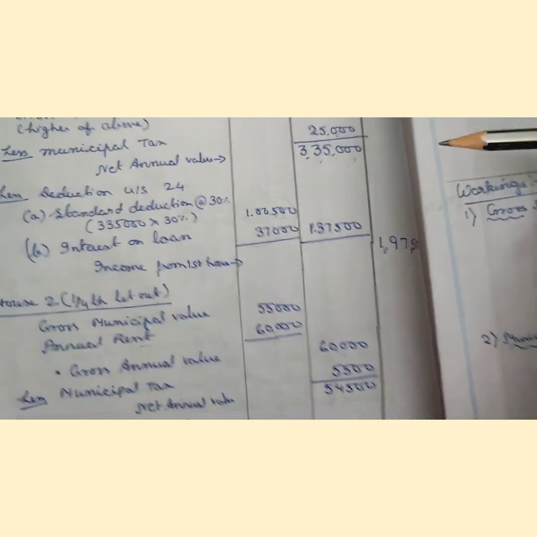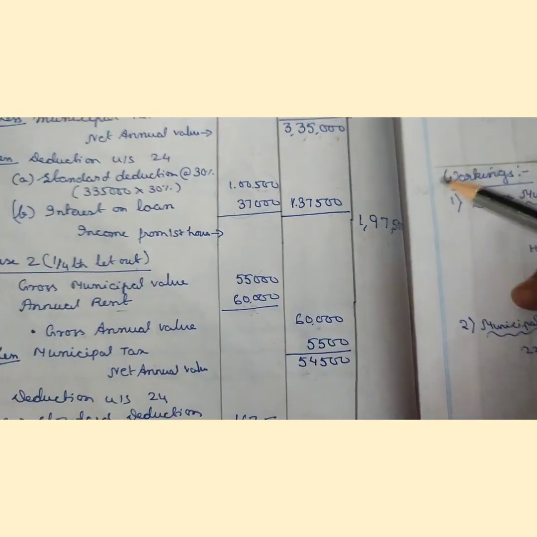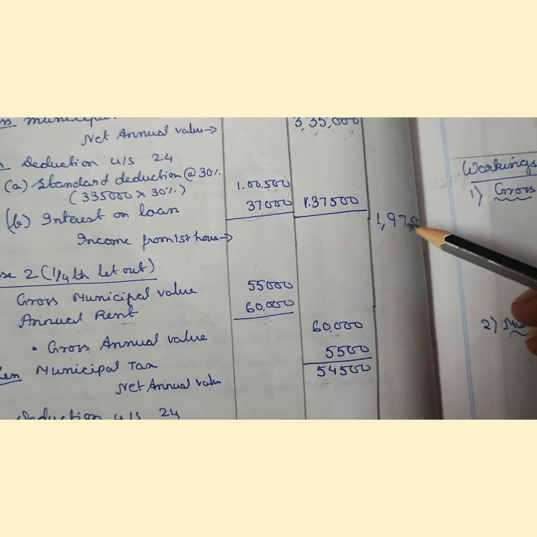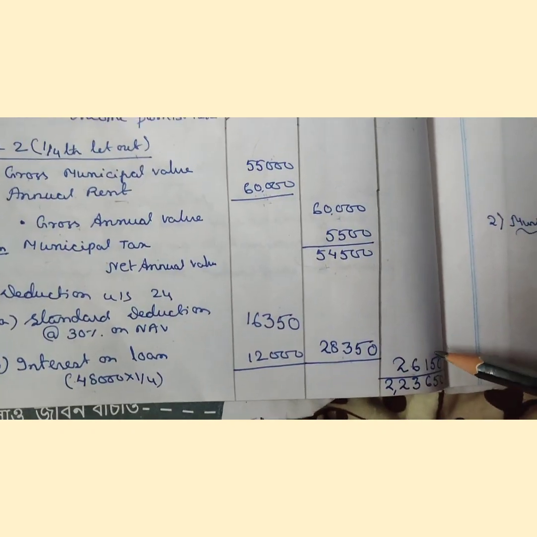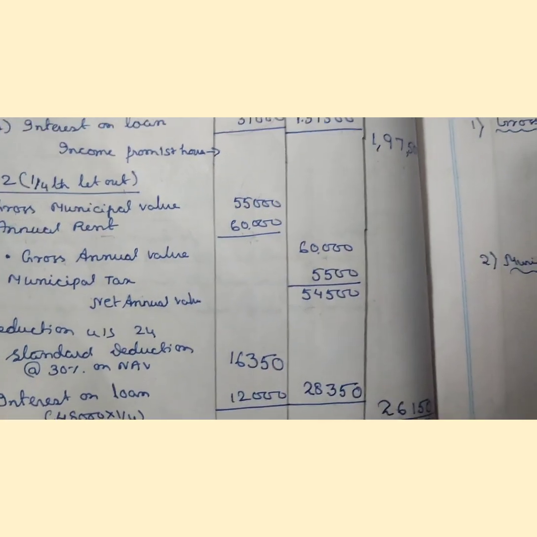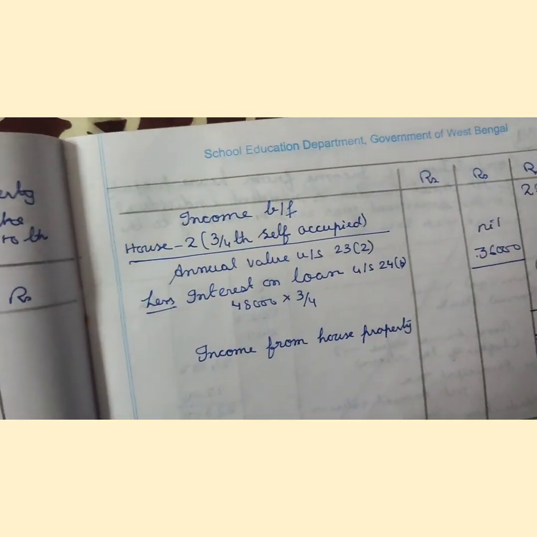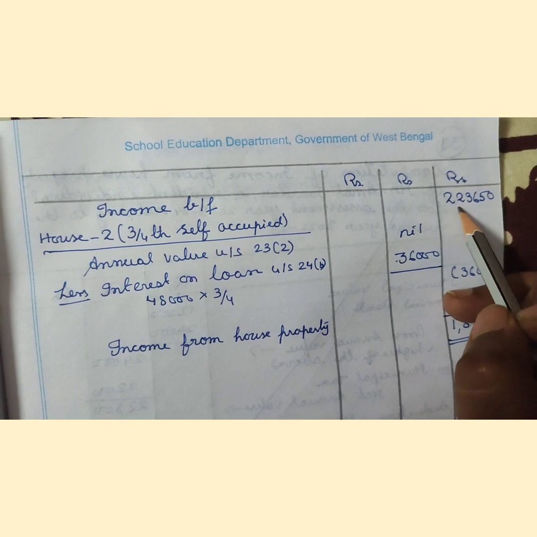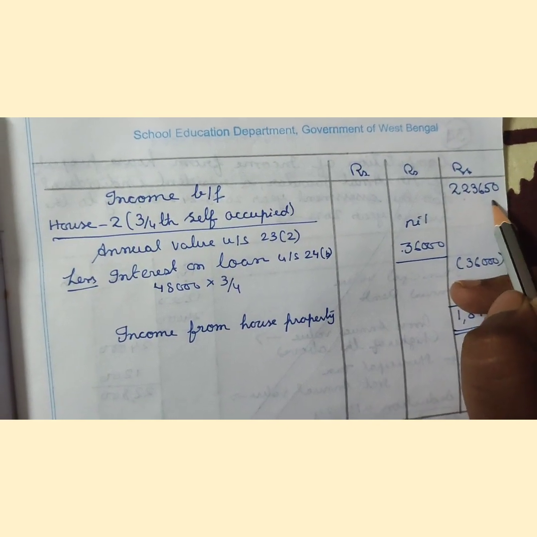Now this page is over, so I have added income from first house and income from 1/4 house. Total is 2,23,650. It is brought forward to the second page, that is 2,23,650.